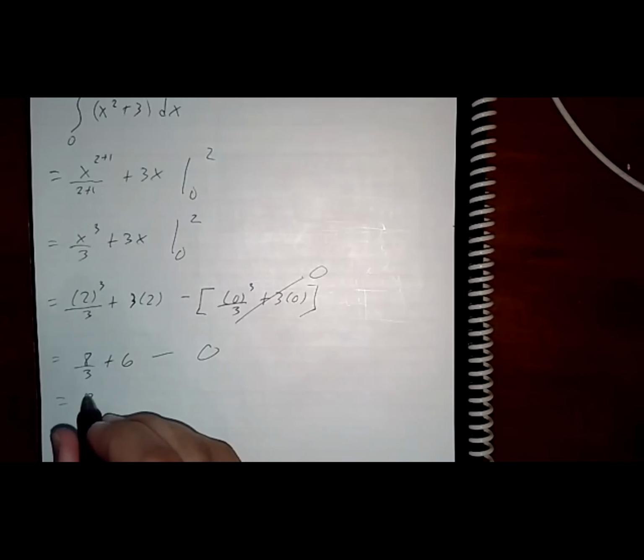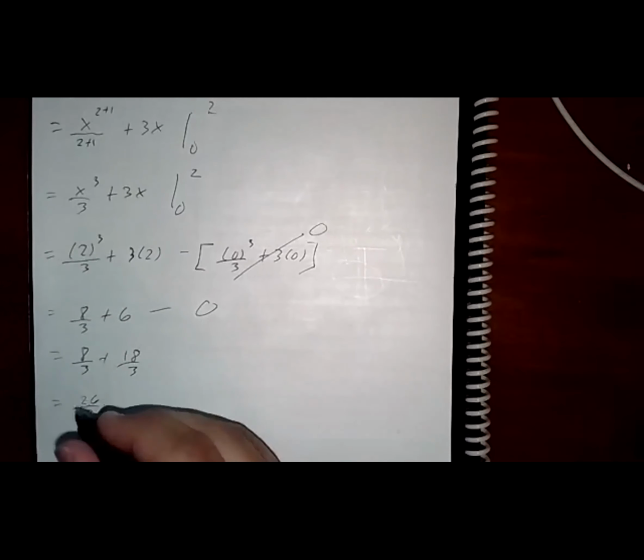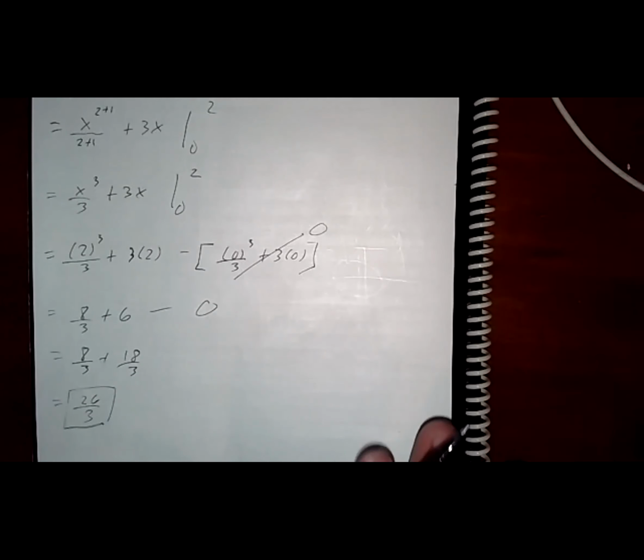This will be 8 thirds plus 18 thirds, which is 26 thirds. There we go. Any questions on this, finding the area?